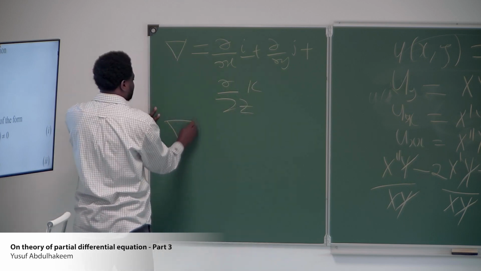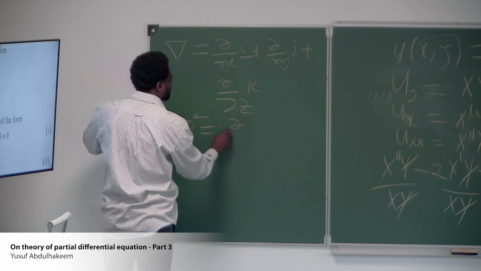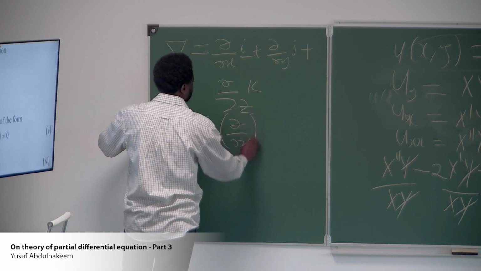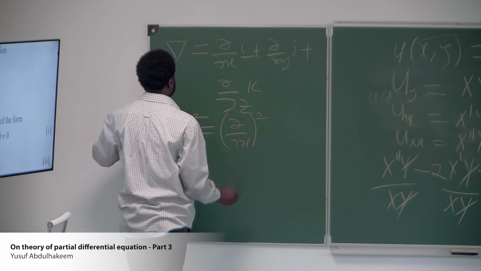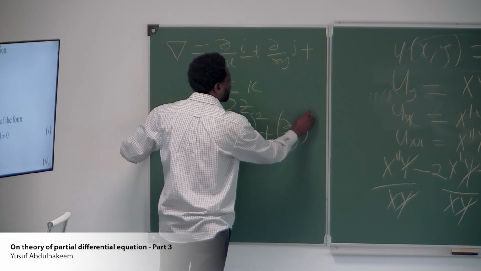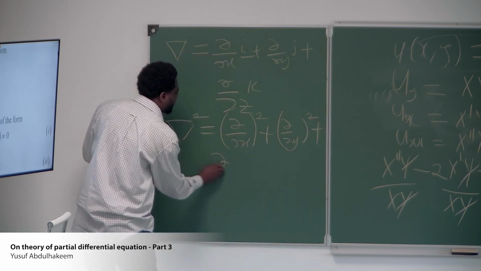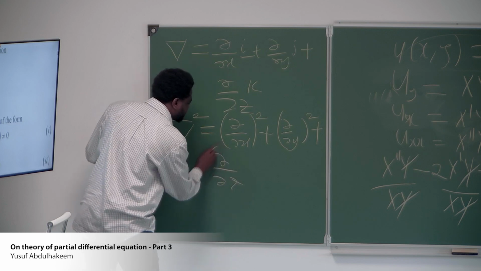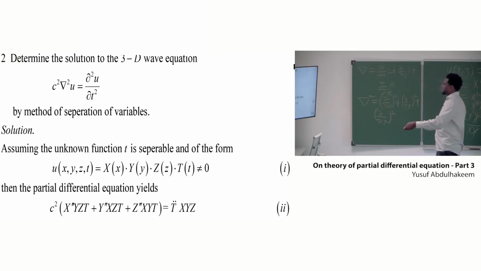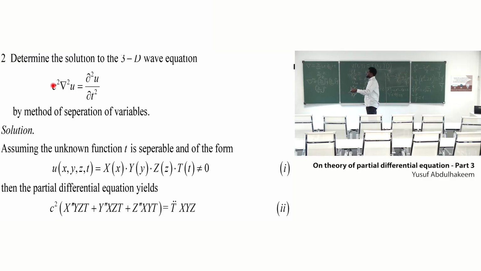So the Laplacian of this will be equal to di x all squared plus di y all squared plus di z all squared. This is what we are going to have by the time you expand this Laplacian. So by the time you now bring the independent variable, then the differential equation itself will now be this.